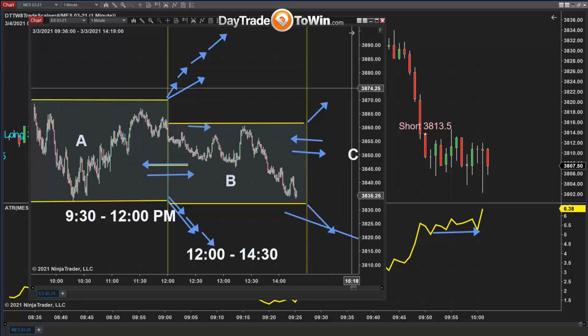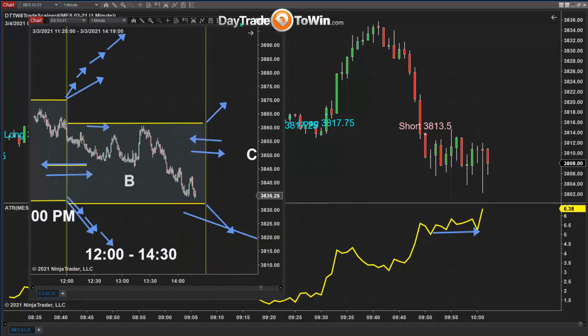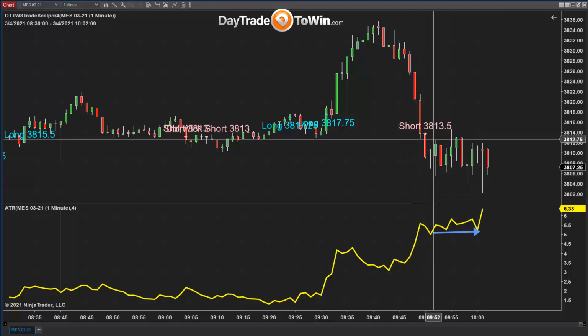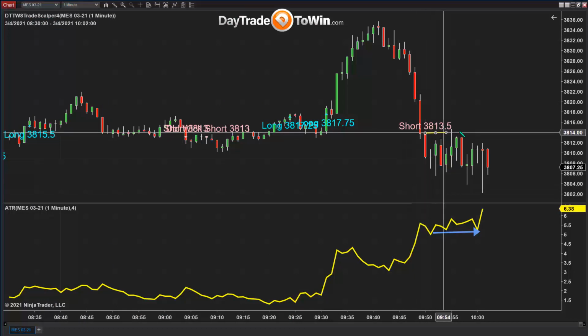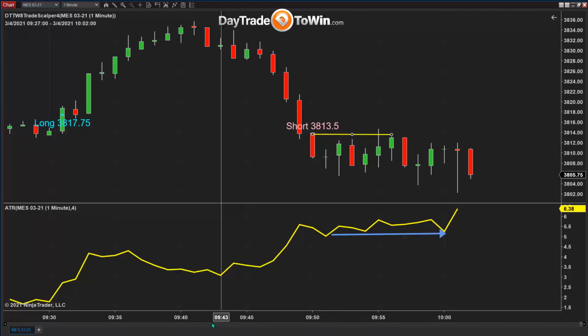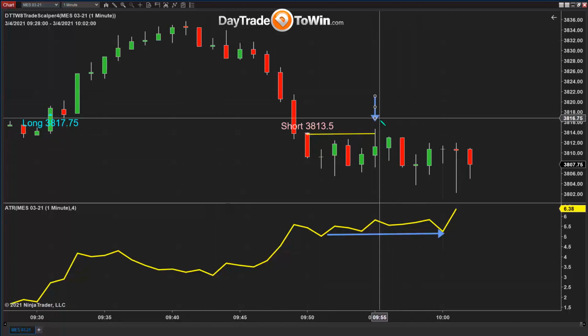Okay, so let's take a look here at this trade, this short here at 38.1350. So 38.1350 is right about here. 38.1350, right about there, right? So the short was here.